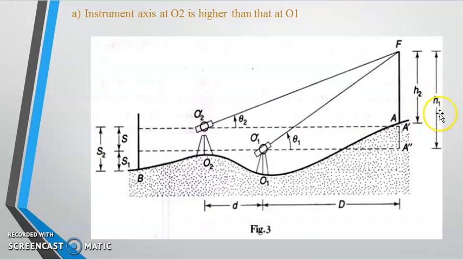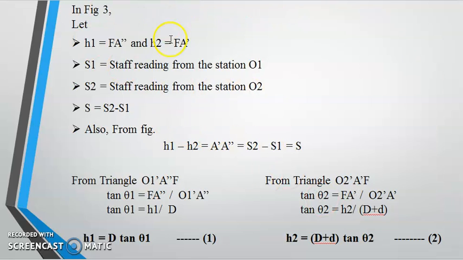Similarly, the height taken from the first instrument station is H1 and from the second instrument station is H2. So we have a small projection of the vertical object FA by A dash, A double dash. Again, this remains the same, small d and capital D. This is the explanation given on the new terms that we have used in the diagram, that is H1, H2, S1, S2. So capital S is the difference S2 minus S1.